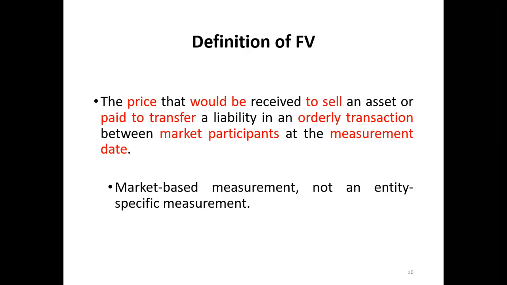So we are assuming that you have taken that period, you have done whatever the advertisement and promotional activities, and thereby on the measurement date, you are selling this particular asset. That is the assumption we are taking.